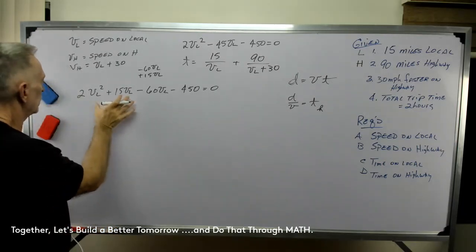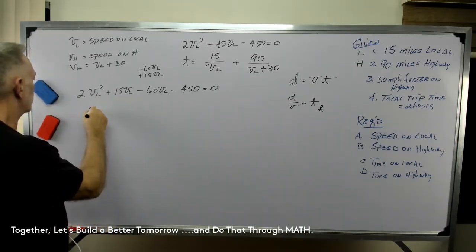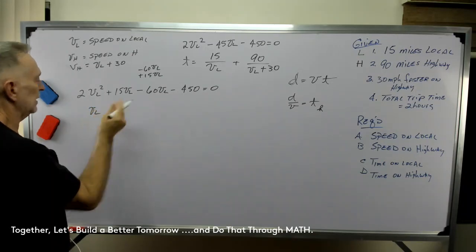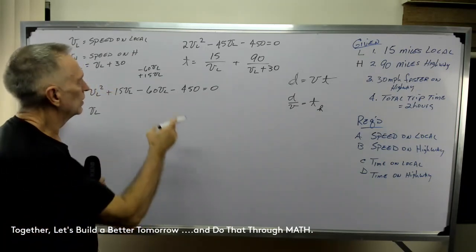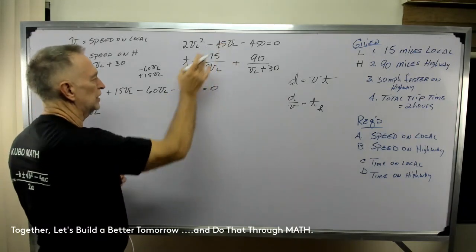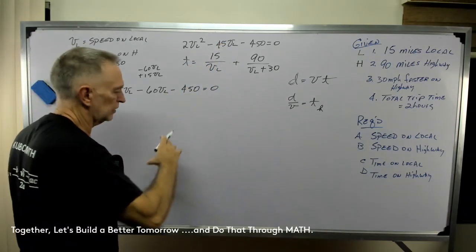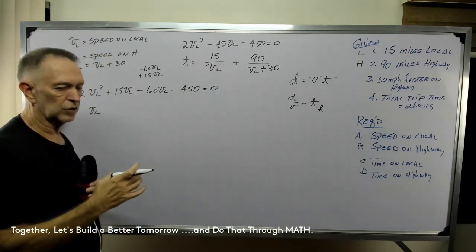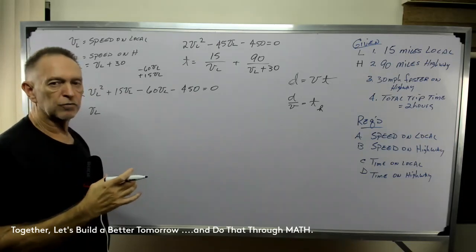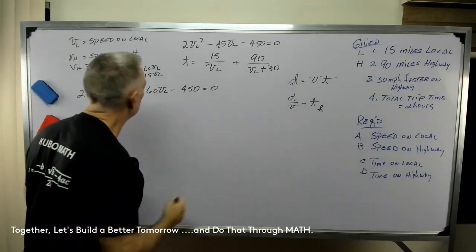What to do here? Let's factor v sub L out. The goal was to change this into two terms, hoping that I could factor this into something that I could reduce more easily. That was my plan.